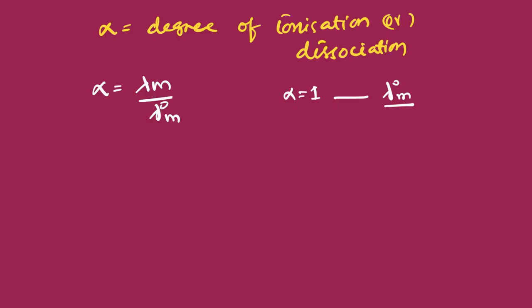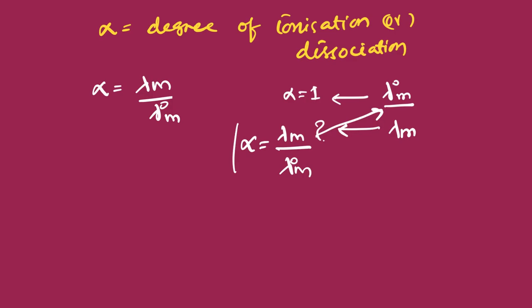Then at lambda m, how much is this value? Whatever is opposite to the question mark should be the denominator. Therefore alpha is equal to lambda m by lambda naught m. This is called the degree of ionization formula.